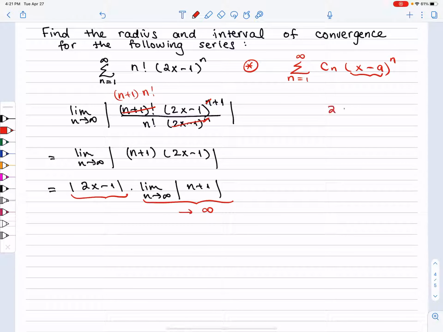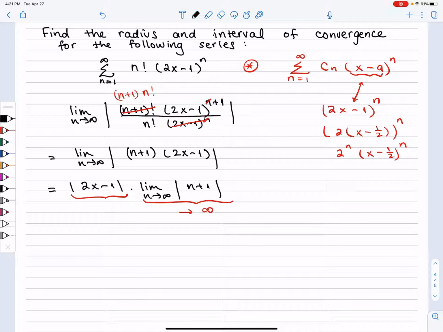Well, we have (2x minus 1) to the nth power, so somehow we need to make it look like x minus a. I'm going to factor out a 2, and we're going to be left with x minus 1/2. So this becomes 2 to the n times (x minus 1/2) to the nth.